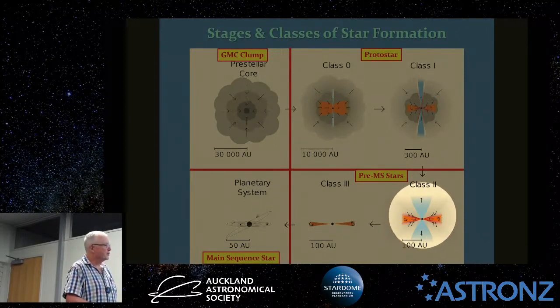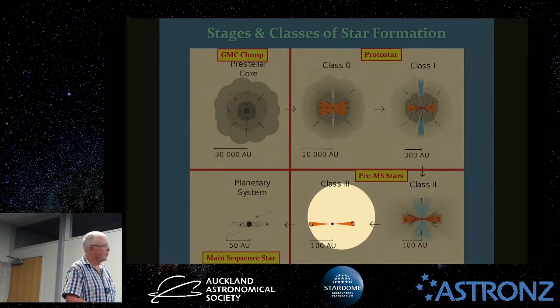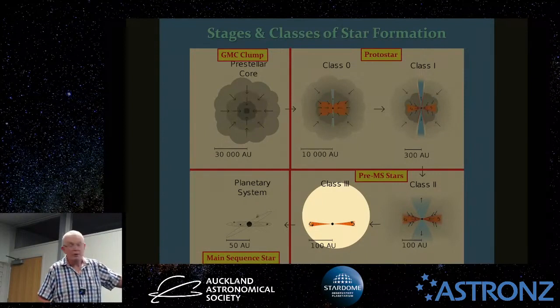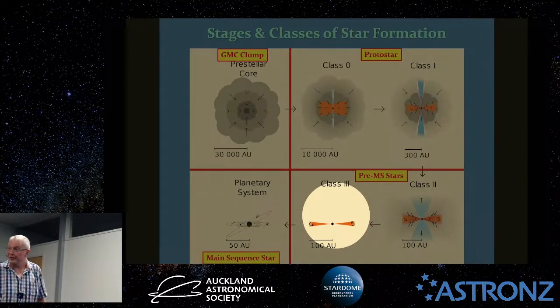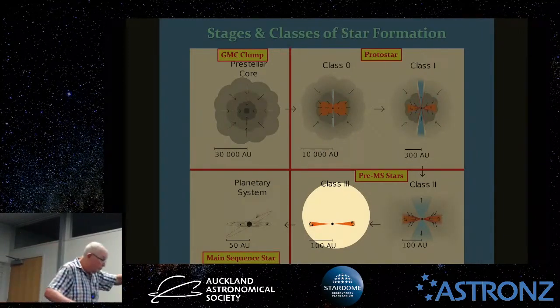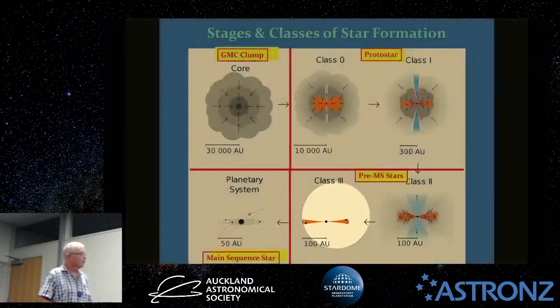So they're broken into class 2 and 3, and you can see there's still a little bit of gas and dust, but nowhere near as much, and it's coming down onto the disk. The jets are still there to a degree, but not so bad. In class 3, you've lost your jets. And in the disk, you can see little dots. It's now called a protoplanetary disk, and that's the little bit of debris that's left over in those disks, and they will become planets. And that's why your planets are always in the same disk plane. So that's just recapping then.